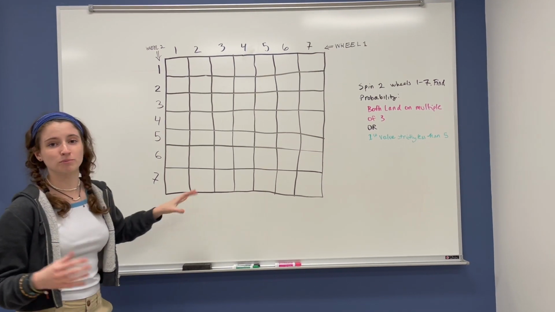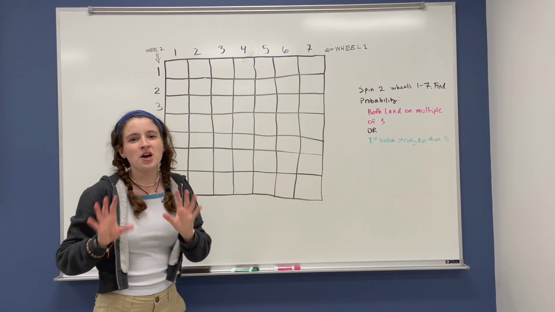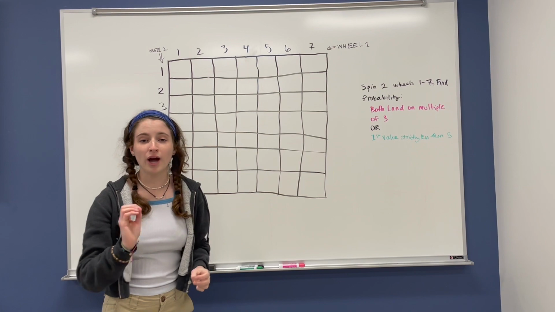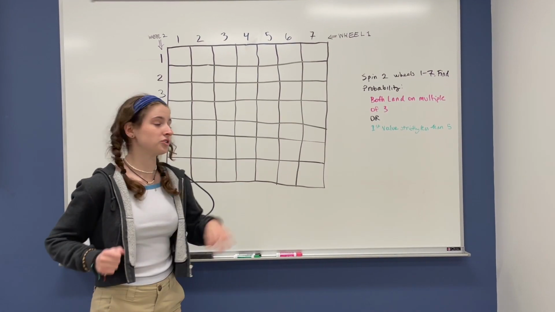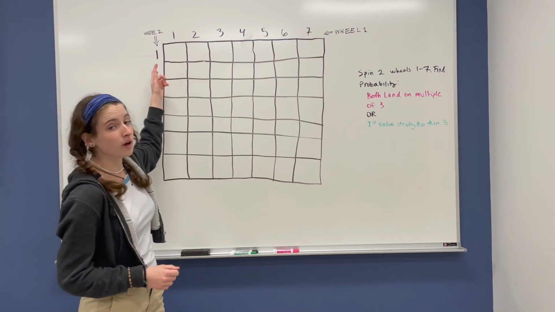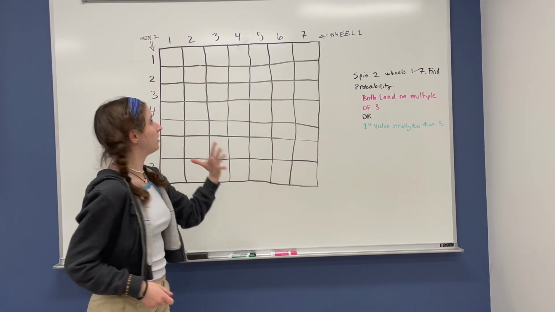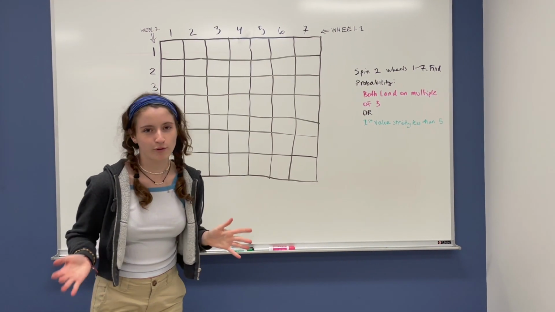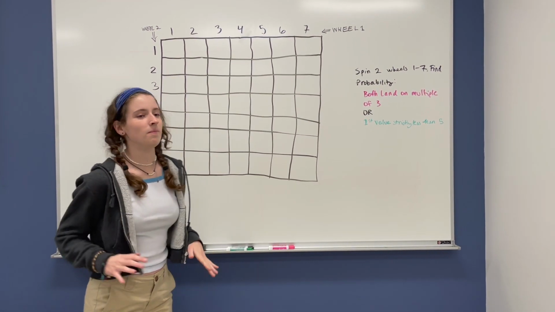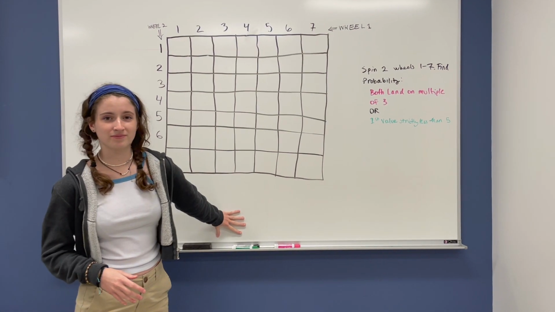This box with a bunch of smaller boxes represents every possible outcome of spinning these two wheels. No matter what, your outcome will be in here. You can get a 1 and a 1, a 1 and a 2, a 1 and a 3, a 2 and a 1, a 2 and a 2, a 2 and a 3, so on. I'm not going to say all 49 options because that would take too long, but that's what we have here.